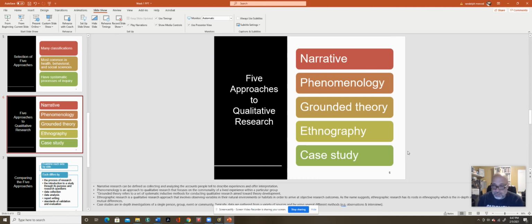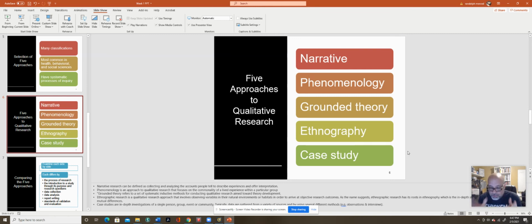Grounded theory is very popular, and you're going to see this word a lot. It refers to a systematic, inductive method of conducting qualitative research aimed towards theory development. That's a mouthful. What grounded theory does is it works from the ground up.